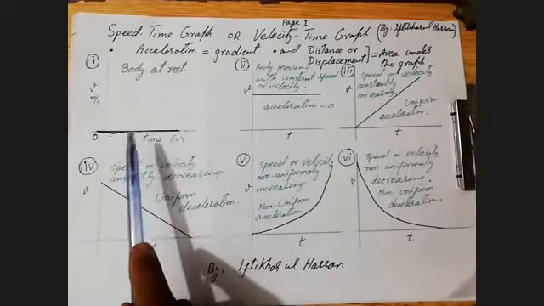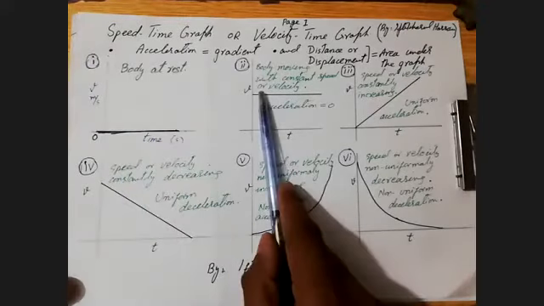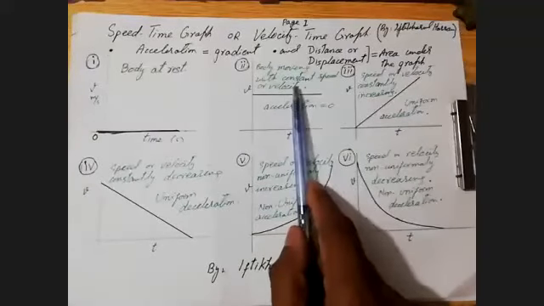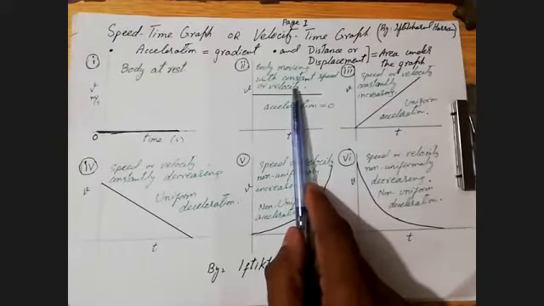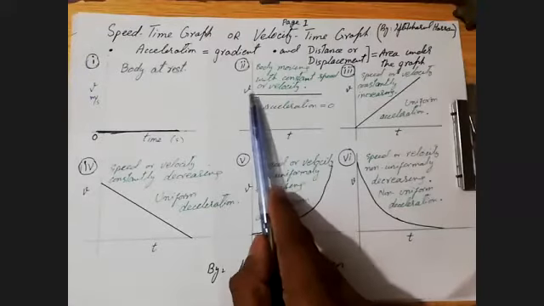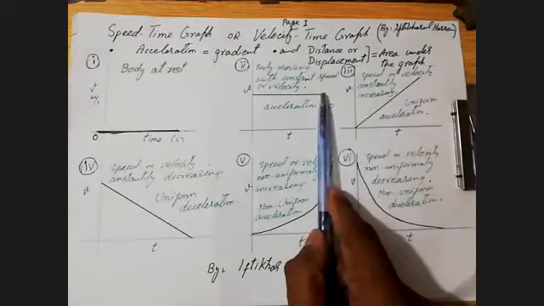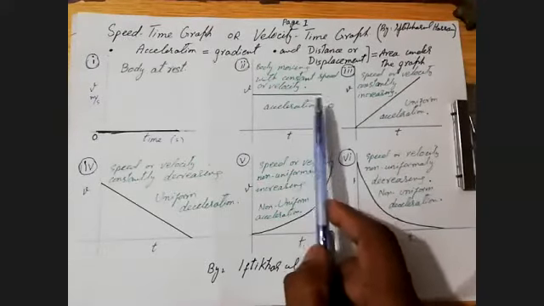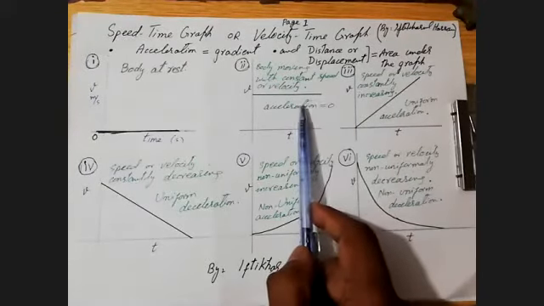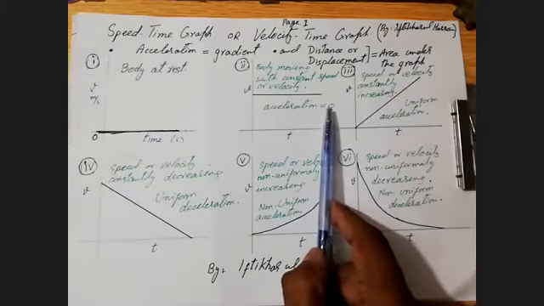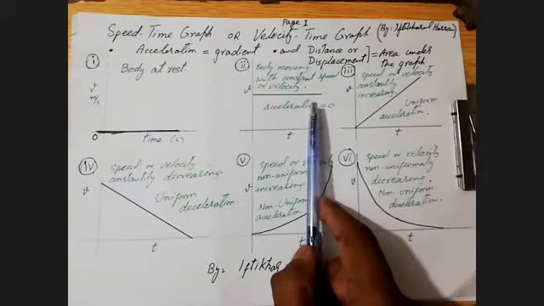Well, now the second thing: the body moving with constant speed or constant velocity or uniform velocity, it means it is moving, a horizontal line will be shown. As you know, when the velocity is not changing or speed is not changing, then acceleration will be zero. As I told you, here we are not considering the direction.